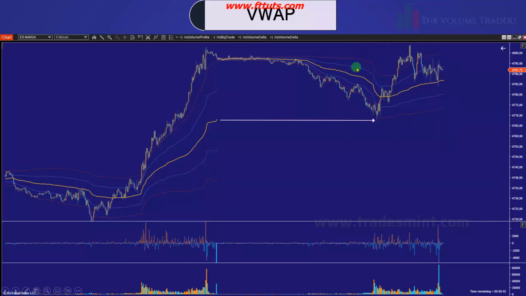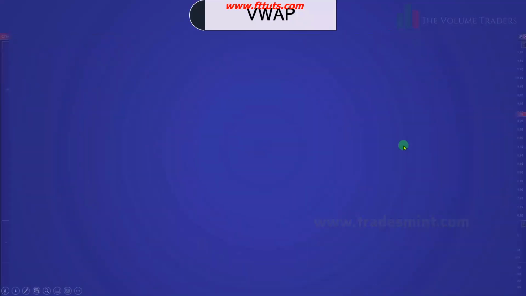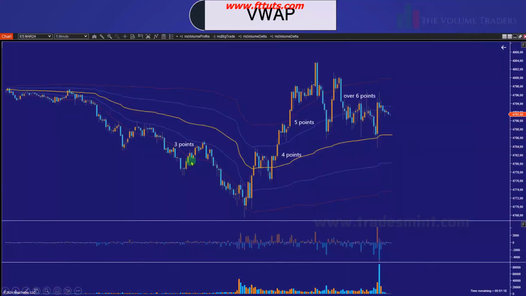Let's zoom in on this part only, and you can see here, the pre-market had just a 3 points range, and then later on it was 4 points, 5 points, and almost at the end of the session, the very late New York, it was 6 points.